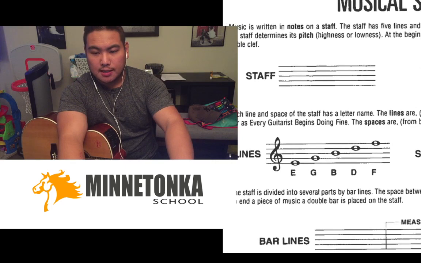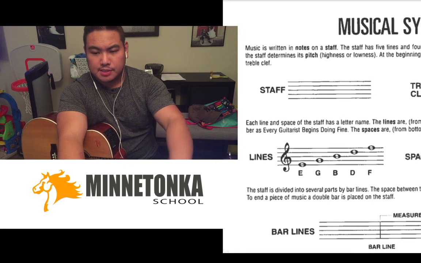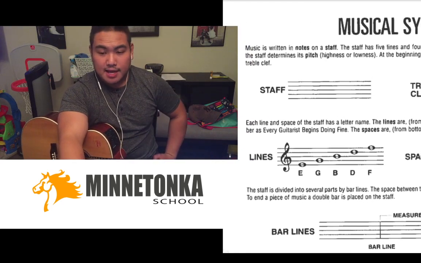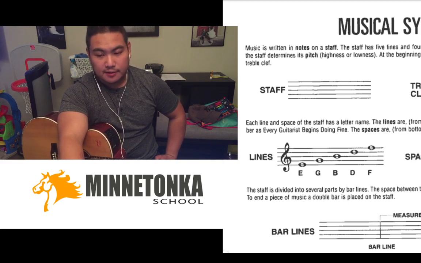So, as we said, there are 5 lines, and each line is assigned a letter. The lines are E, G, B, D, F. And you might have heard me say we can think of a sentence to help us remember these letters.